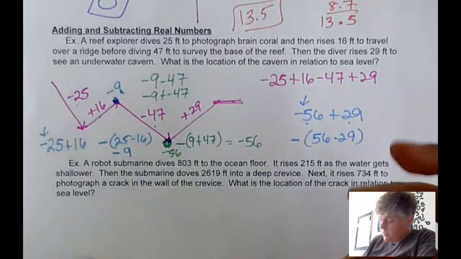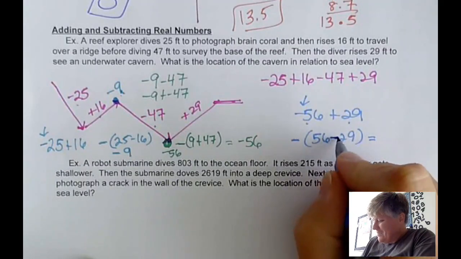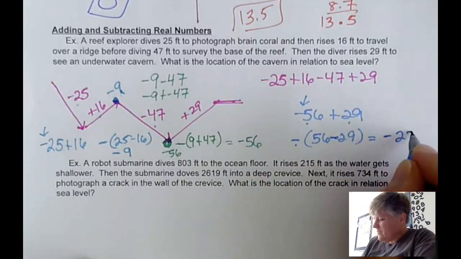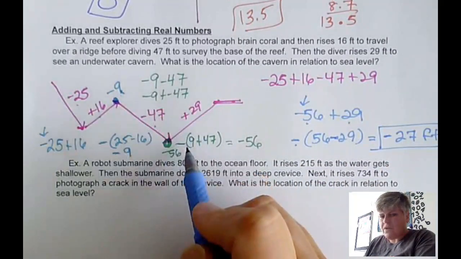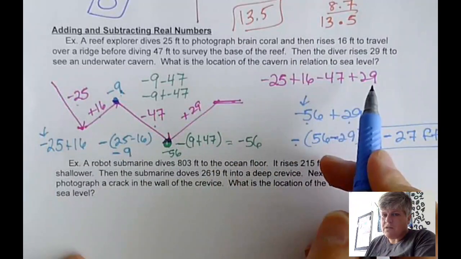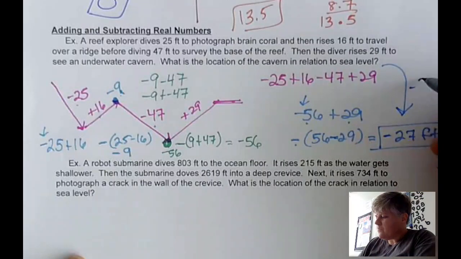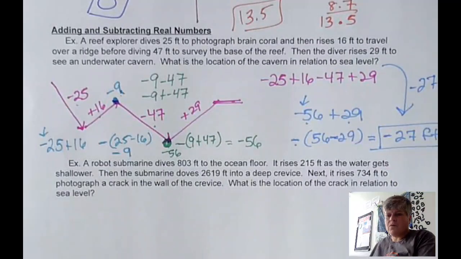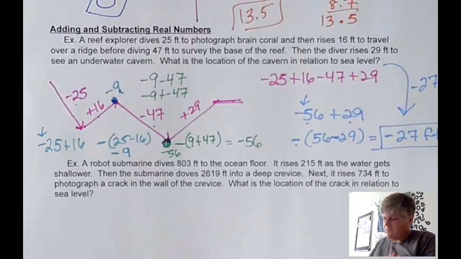So 56 take away 29 is 27, and we keep that sign negative. And so he is at negative 27 feet, so he's at 27 feet below sea level. So in relation to sea level, it's 27 feet down. Okay? So that's the first word problem. Let's finish the second one.